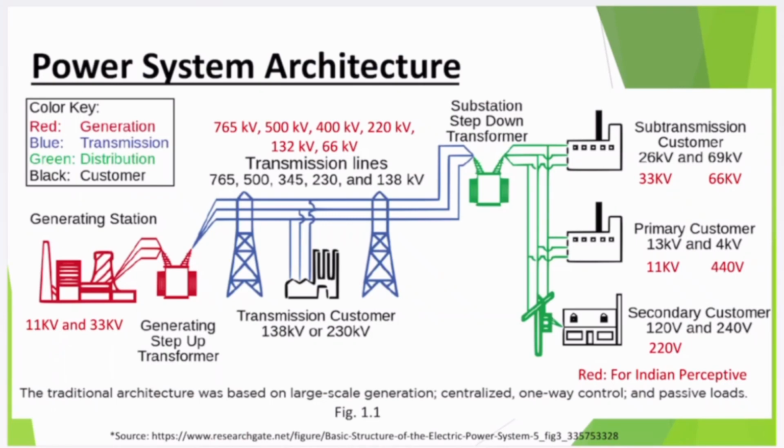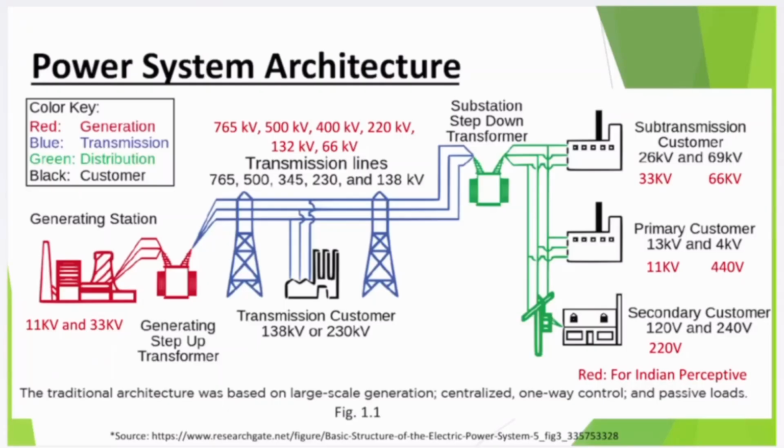Now, looking at this diagram, you can see that there are three major components: generating stations, transmission systems, and finally distribution systems. The power is generated through different types of generating stations, either at 11 kV or 33 kV.